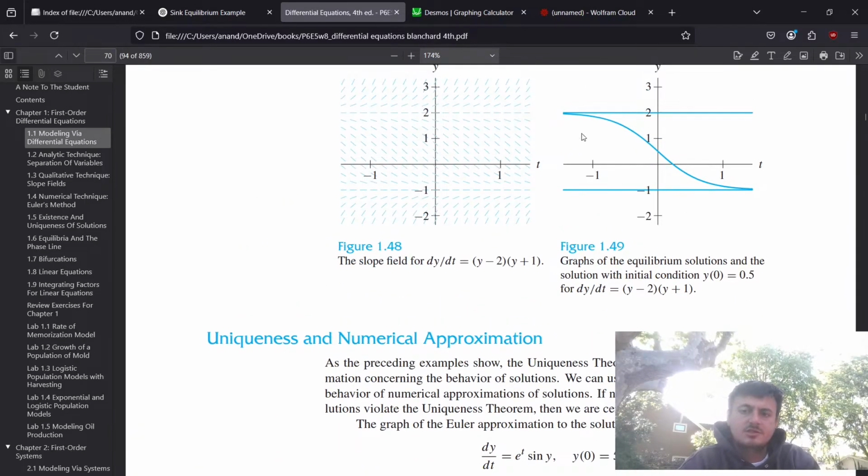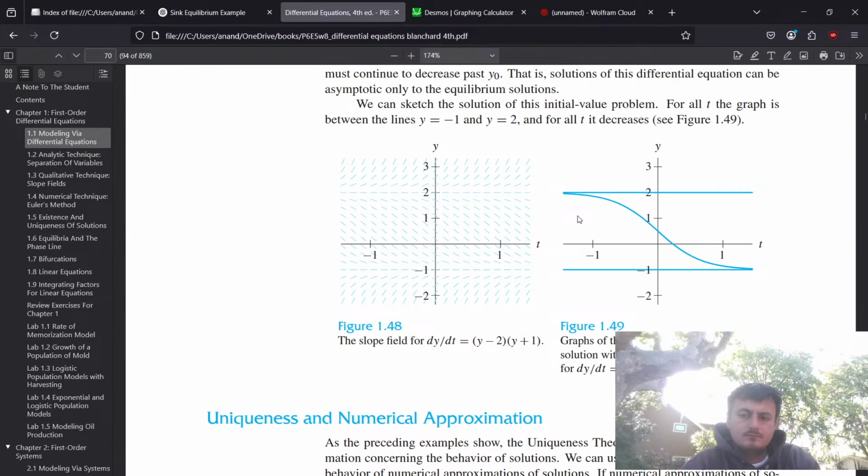Okay, so this is all just... wait, let's look at the bifurcation analysis of y minus 2, y plus 1.